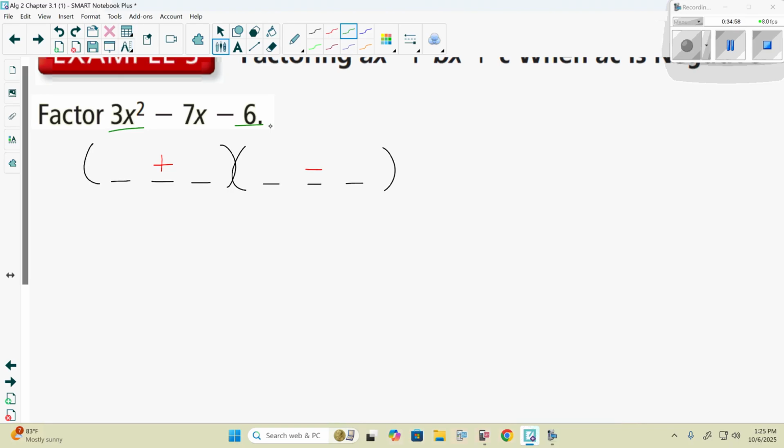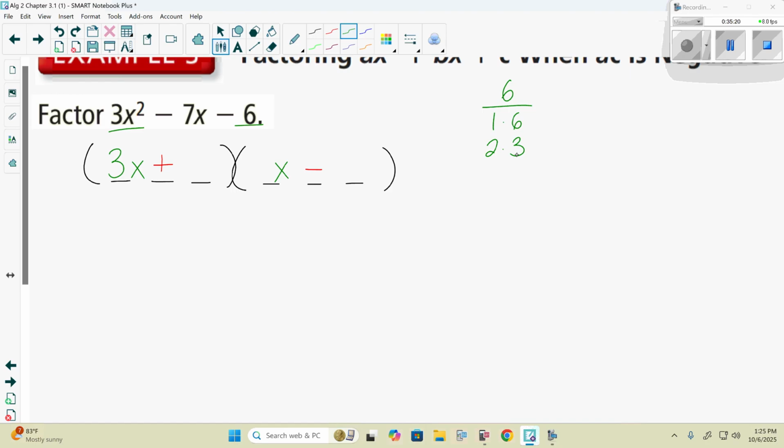So the factors of the first term, factors of 3x squared, well, the x squared would be x and x. Only factors of 3 are 3 and 1. Factors of 6 are 1 and 6 or 2 and 3.